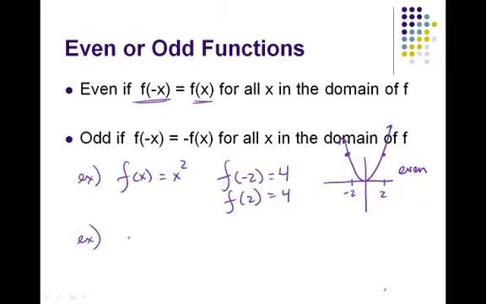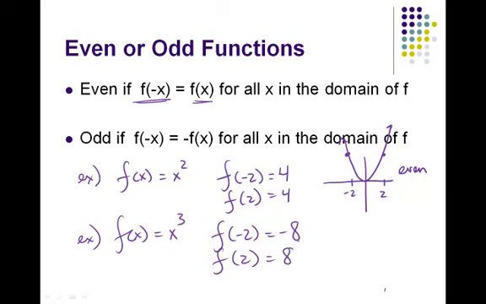A simple example of an odd function would be f of x equals x cubed. Here, if I look at f of negative 2, I get negative 8, where f of 2 equals positive 8. In other words, if I change the sign of the input, or x value, it changes the sign of the output as well.